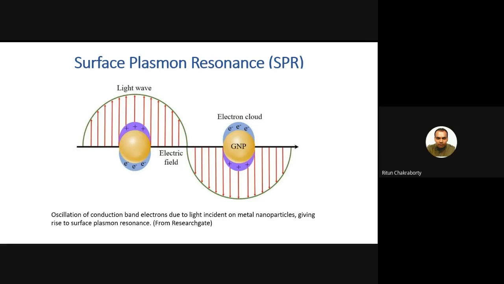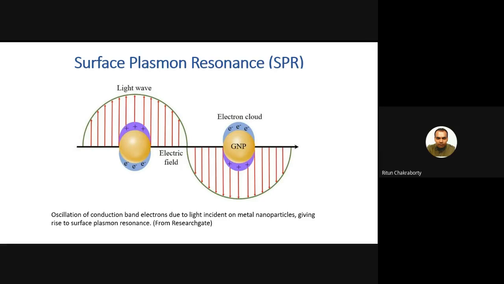Plasmon is nothing but the collection of these oscillating electrons, because there is not only one electron; there will be electron clouds, billions and billions of electrons, so their collective oscillation is known as plasmon. Collective oscillation of electrons.